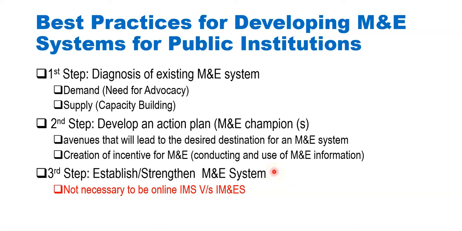A lot of people, when you say system, just think about the electronic thing. Not so. A system can be manual as well. And it is recommended to start with a manual system. When you make sure that your system has stabilized, then you can convert it into electronic form.